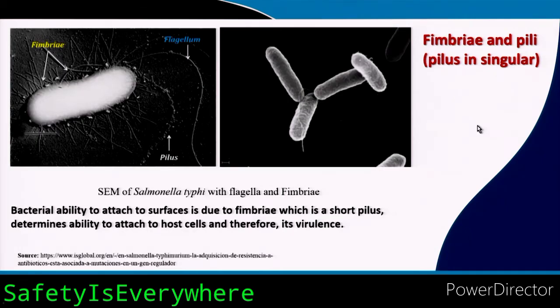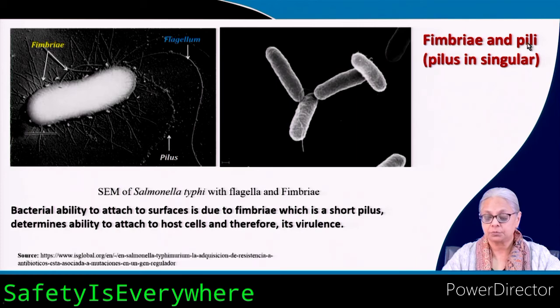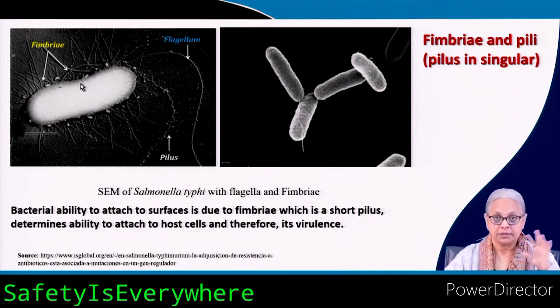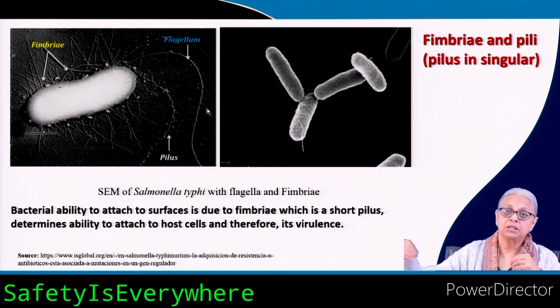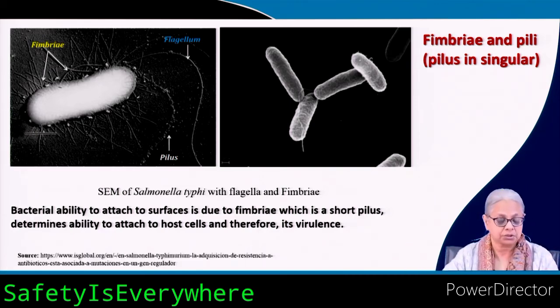So these are some SEMs, scanning electron micrographs of fimbriae as well as pili, and these fimbriae are used for the bacteria to attach themselves to surfaces. So you can see these fimbriae, they are also hairy appendages that allow the bacteria to attach to surfaces. And then the flagella are extremely long tail-like structures, and they are the ones that allow the bacteria to move within water.